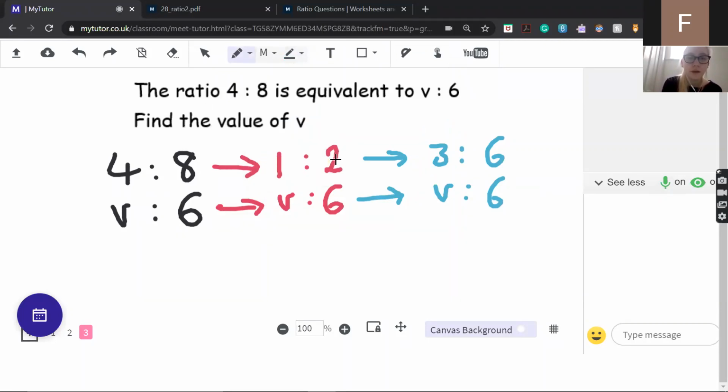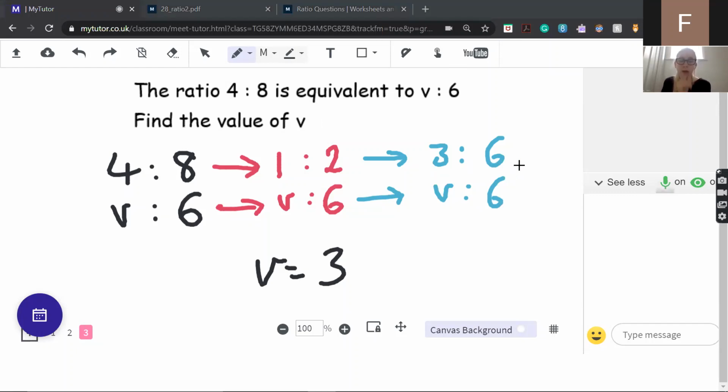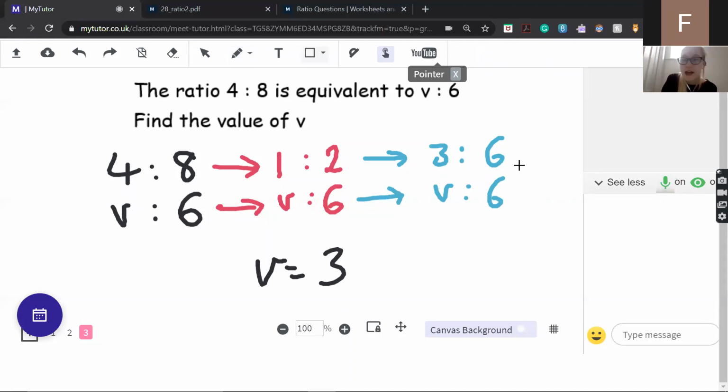So V equals 3. So hopefully that makes sense. To be fair, this would work with almost any. Sometimes you'll have to fiddle around with this one a little bit as well, and we'll get like 2V or half V or something. But that's the most basic method.